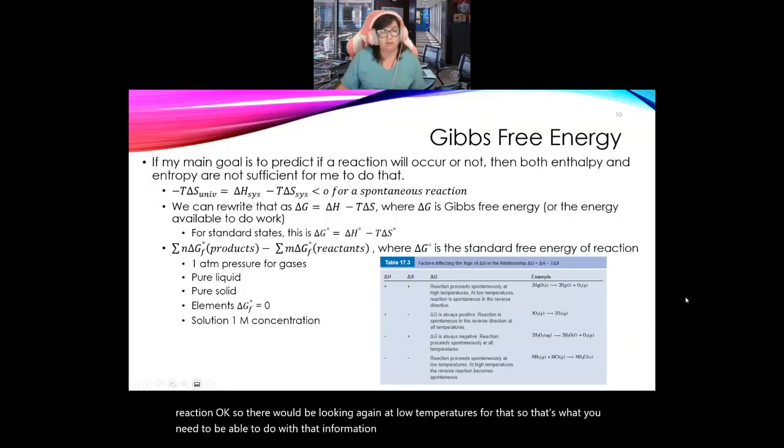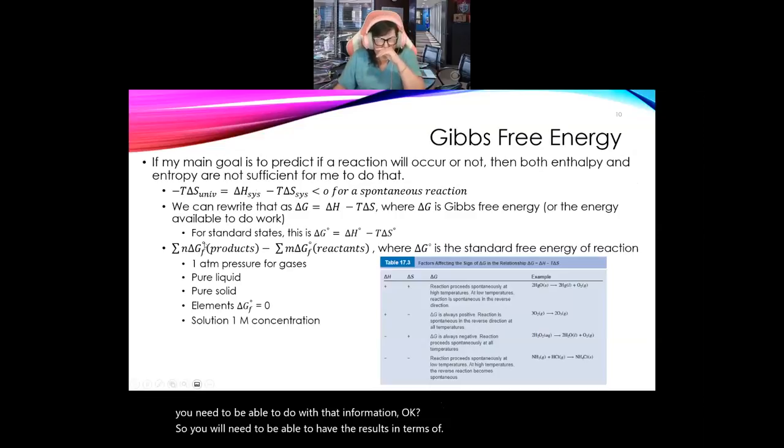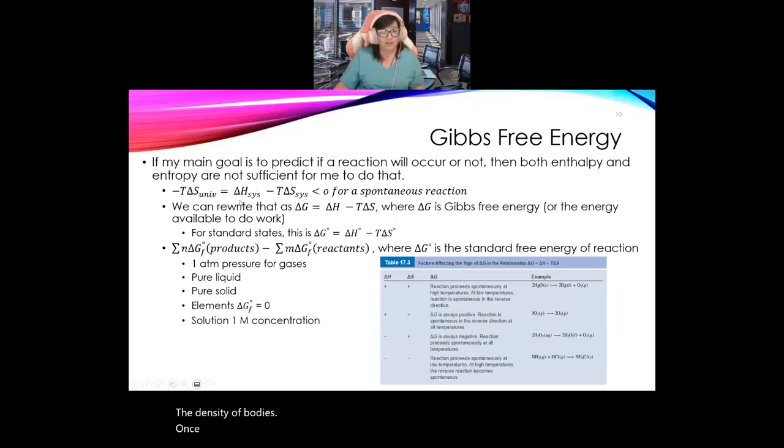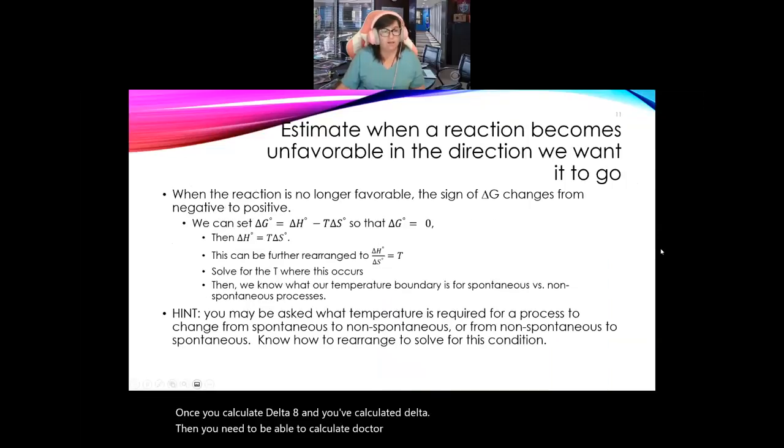Okay. All right. So you will need to be able to calculate delta G in terms of the delta G values as they're given to you, or once you've calculated delta H and you've calculated delta S, then you need to be able to calculate delta G. All right. So we can set all of this and we can find the temperature at which this will change.